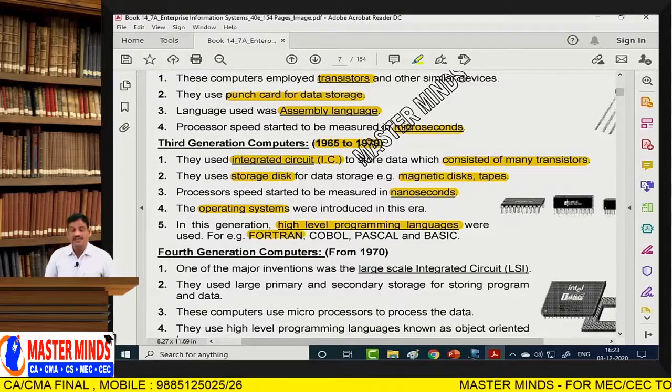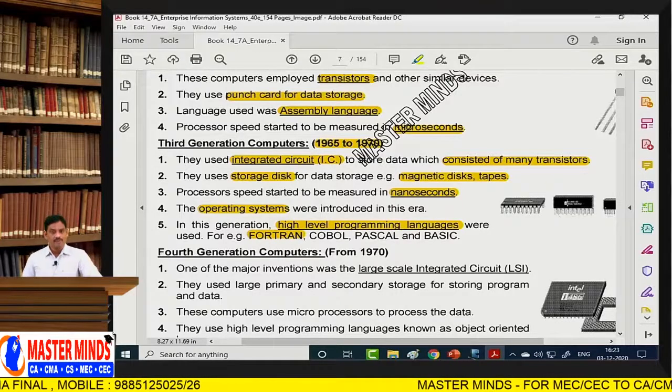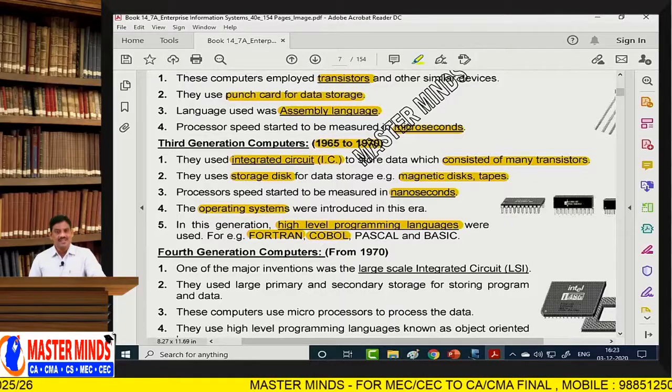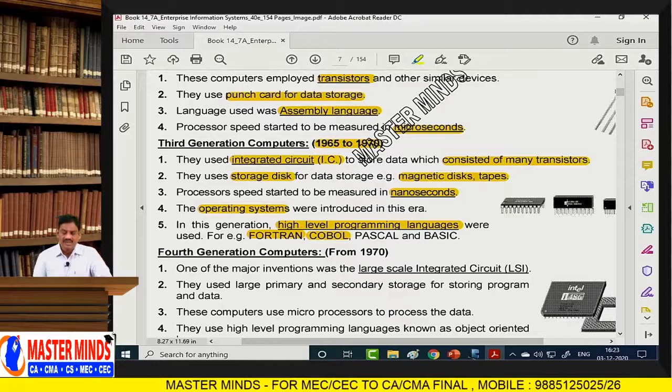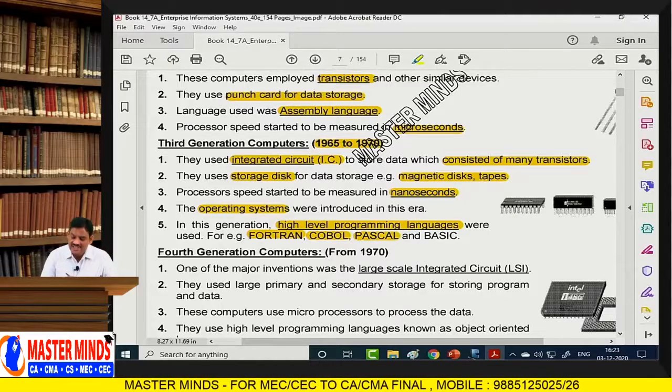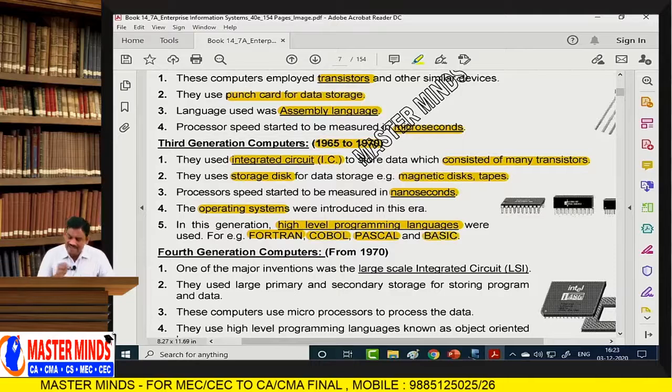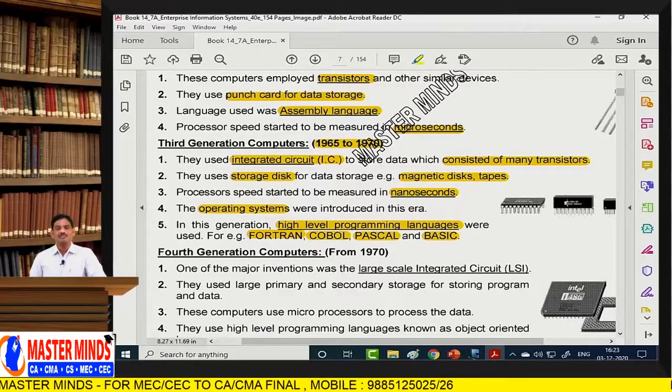Formula translation, Fortran. John Backus designed Fortran. Common business-oriented language, COBOL, designed by a committee called CODASYL, Conference on Data Systems Languages. Pascal, Niklaus Wirth designed Pascal. BASIC, Beginners All-purpose Symbolic Instruction Code, designed by two people.